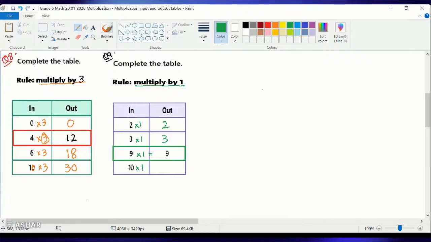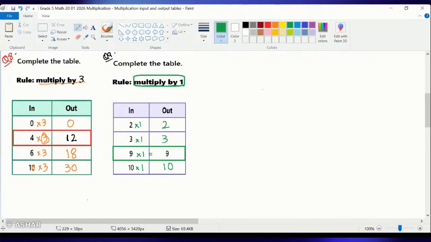And 10 multiplied by 1 is 10. Because the only given set of values, input 9 equals output 9, was given to us, which gave us the proof that each number is being multiplied by 1. Okay.